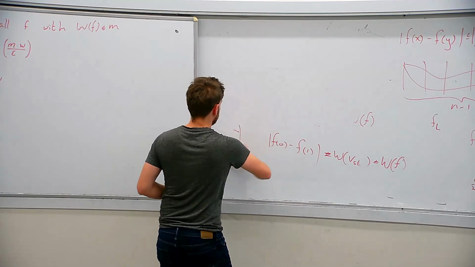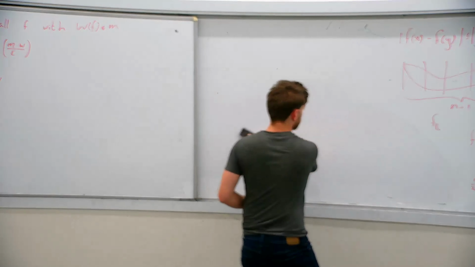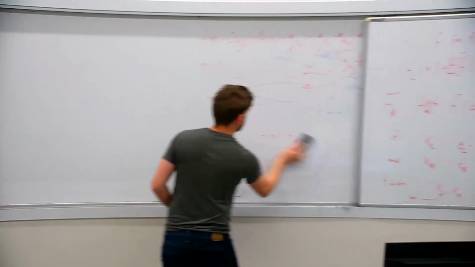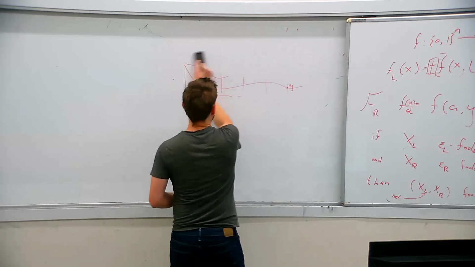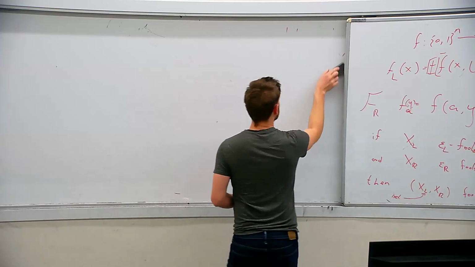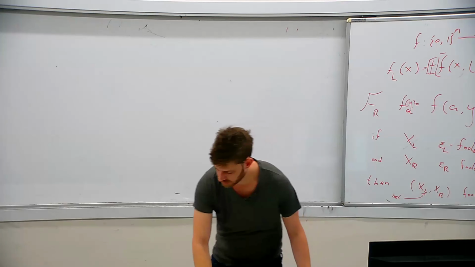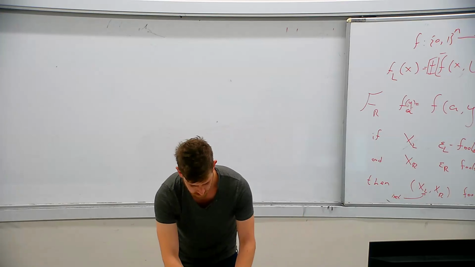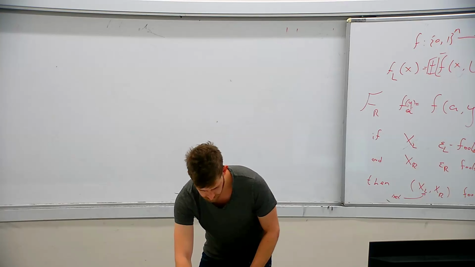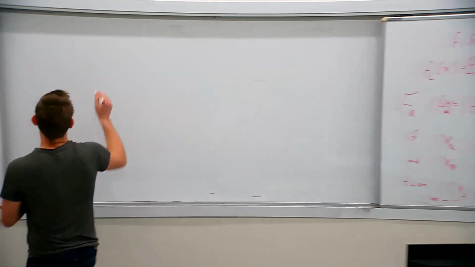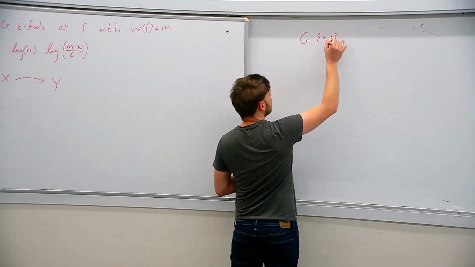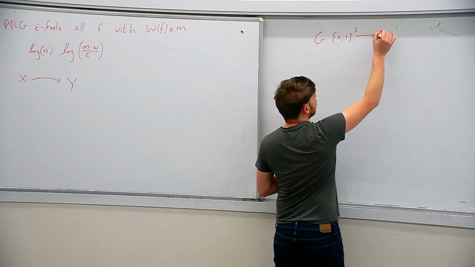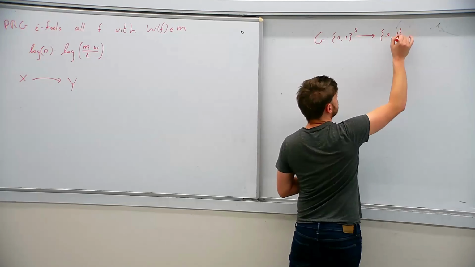Okay, so now let's see what we really need. Assume we have a PRG which takes a seed and outputs n/2 bits.